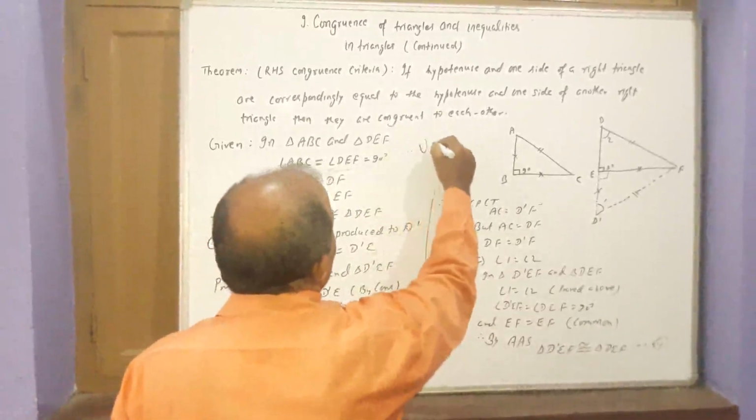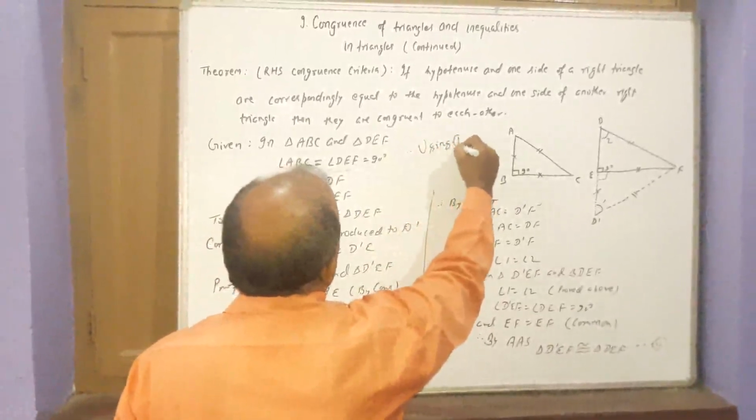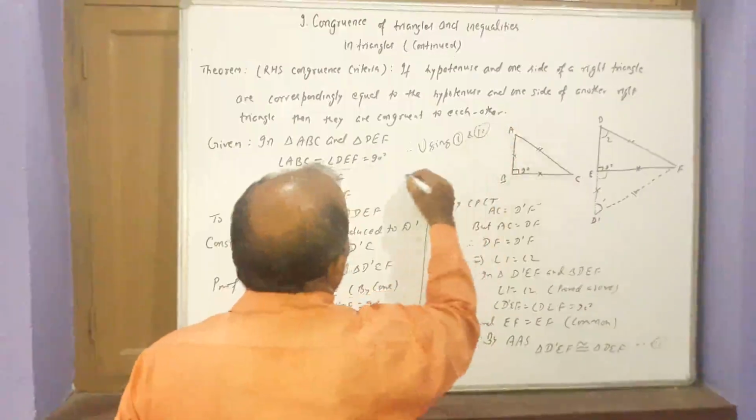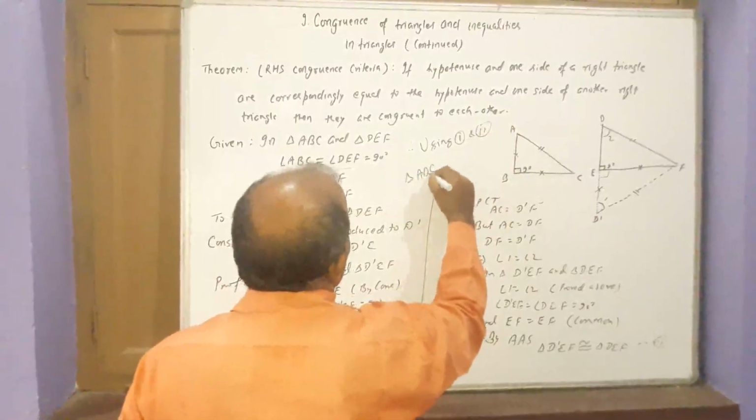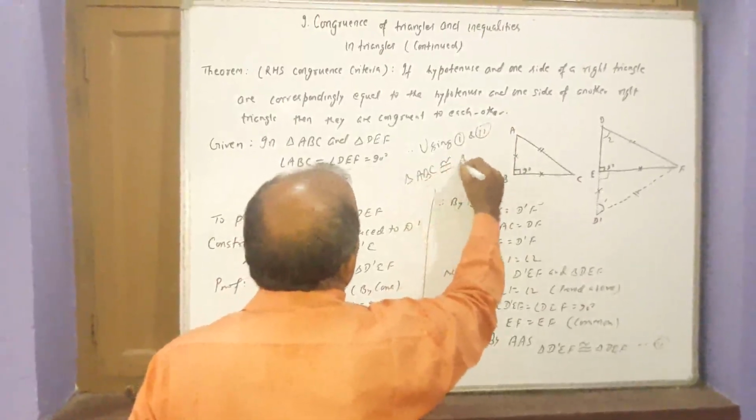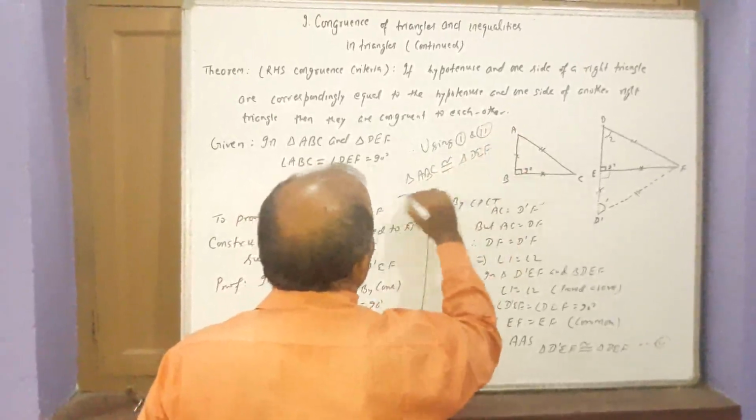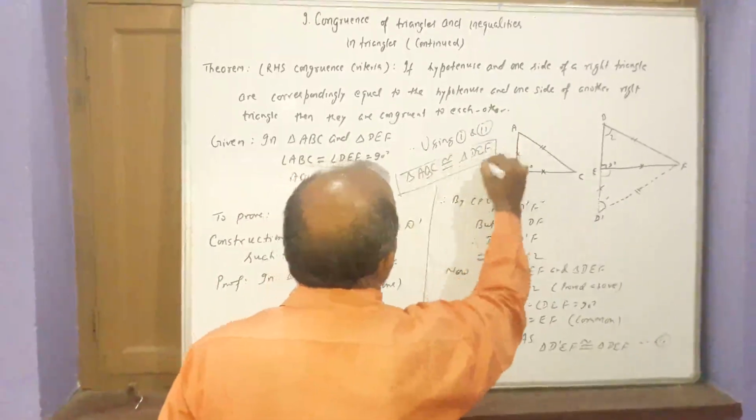Therefore, using 1 and 2, triangle ABC is congruent to triangle DEF. Okay? Proved.